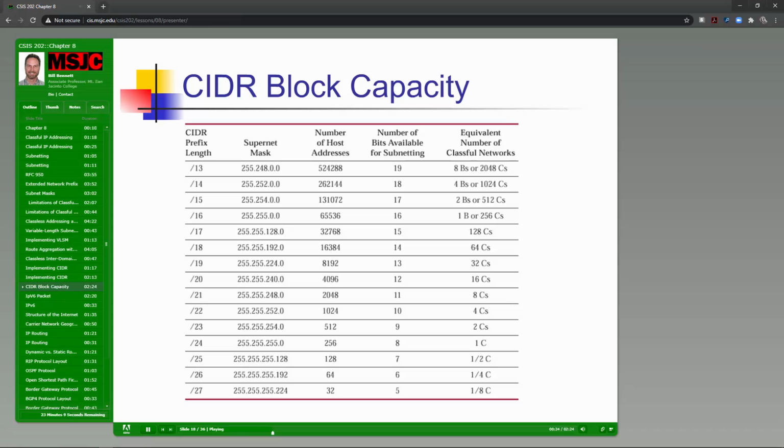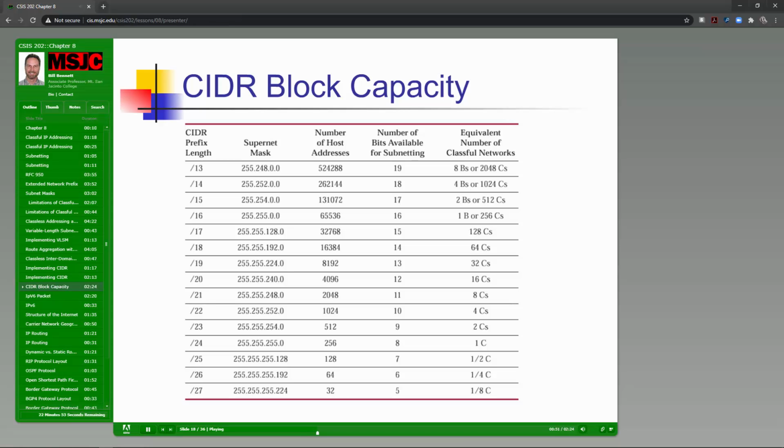So don't memorize this table, okay? Just use it as a reference point. I always suggest that you learn the math and how it works, and to me that has worked much easier. Then I don't even have to worry about trying to find the reference that will tell me this information.